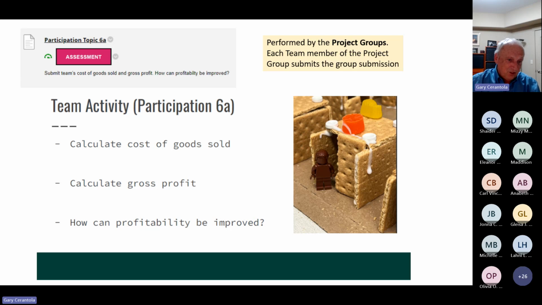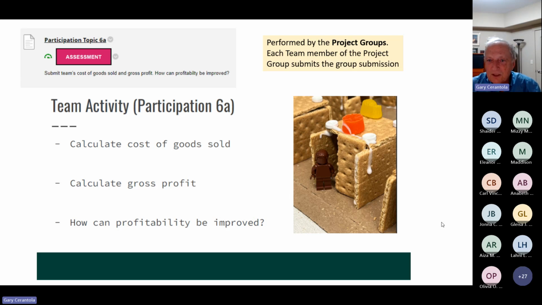And again, you make some reasonable assumptions. Another thing is that if you go to the Cupcake assignment, with the materials you've been given to do that assignment, you'll see a recipe and you'll see costs. Go over those, and they'll give you an idea of the categories of costs to put into this participation 6A team activity as well. So that's going to help you.